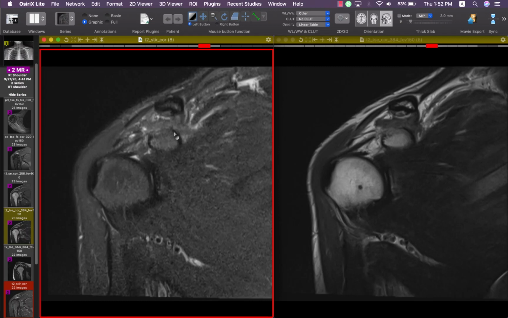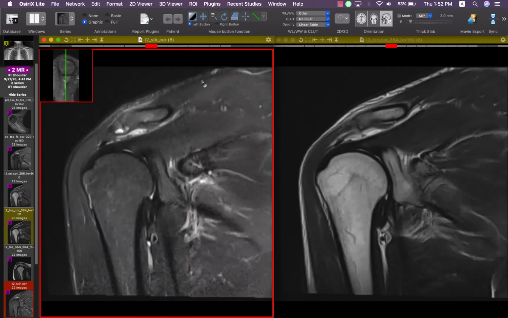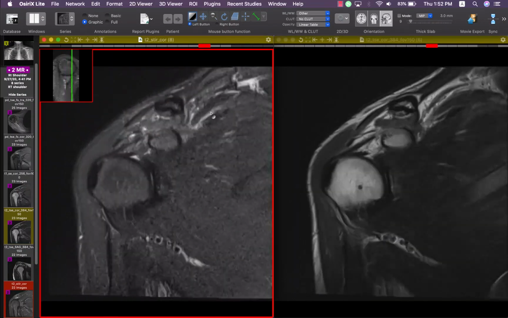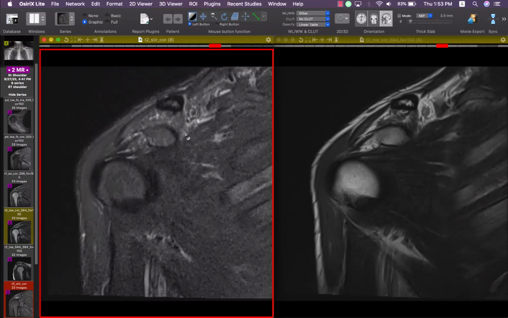If they are intact, this is either stage 1 or 2, and this is usually treated conservatively. So in any case of acromioclavicular injury, you should look for the coracoclavicular ligament and whether they are disrupted or not.